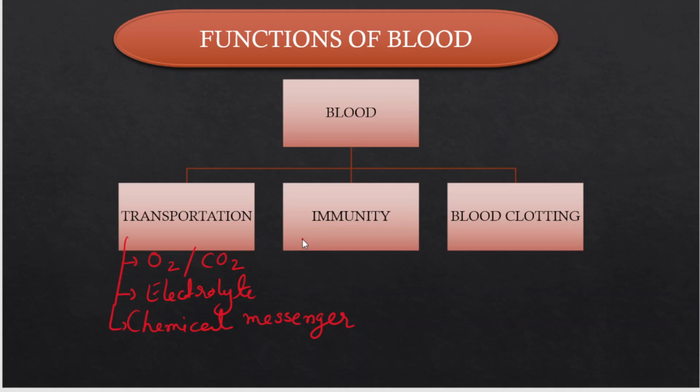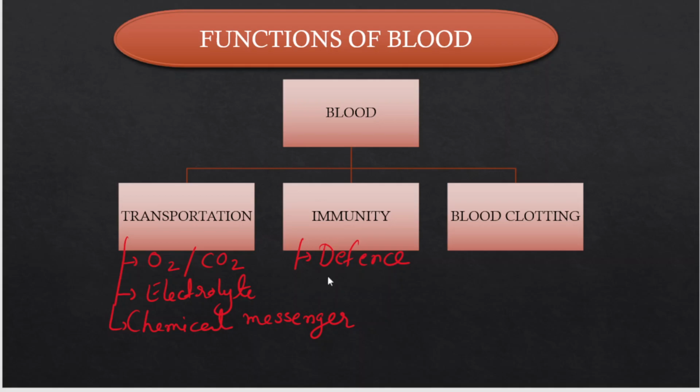Then the second most important function of blood is immunity. It provides the defense mechanism to our body. Whenever an antigen or any bacteria or virus comes into our body, our blood produces the immunity cells, T lymphocytes, platelets, which attack that antigen and destroy it.